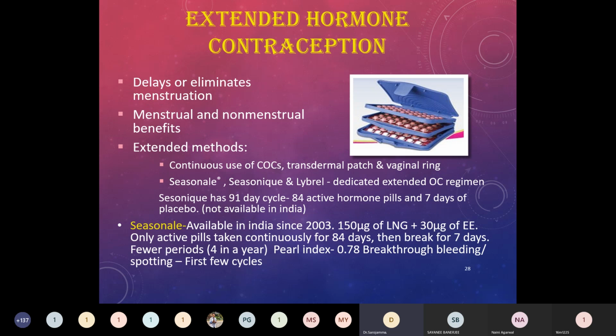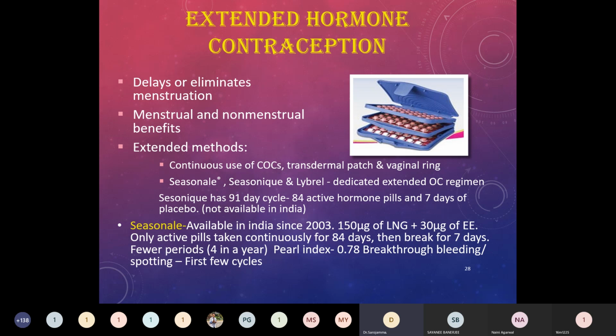And what is extended hormonal contraception? The oral pills, or whichever method of contraception you are giving, is extended for some time. Then it is called extended contraception, which eliminates or delays menstruation, and it has menstrual and non-menstrual benefits. The combined oral contraceptive pills are used for this purpose, and the tablet available is Seasonale. It has been available in India since 2003.